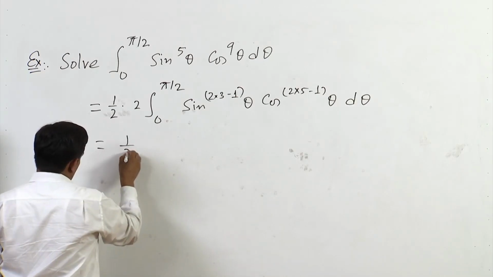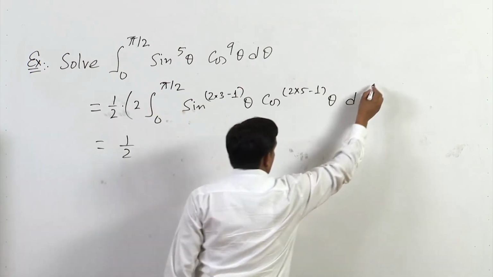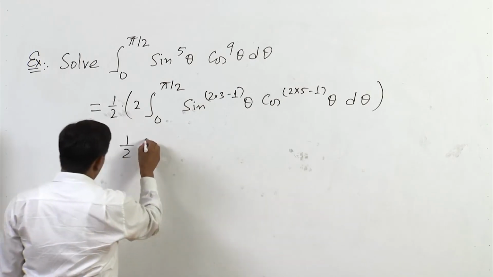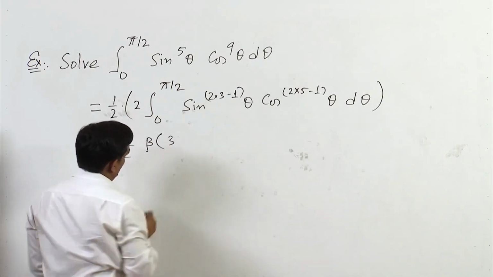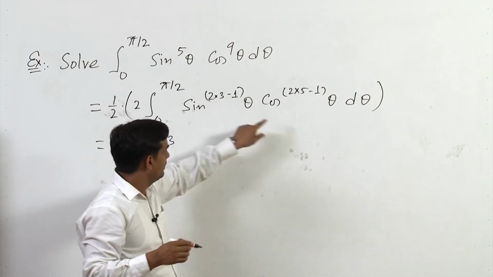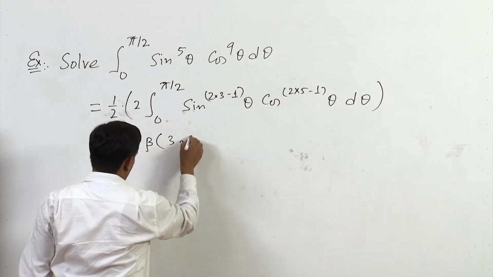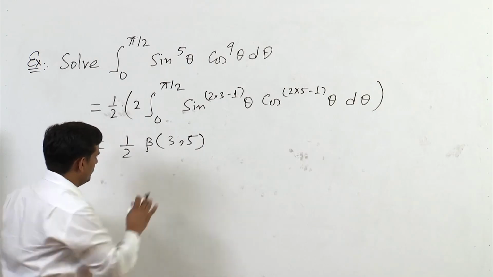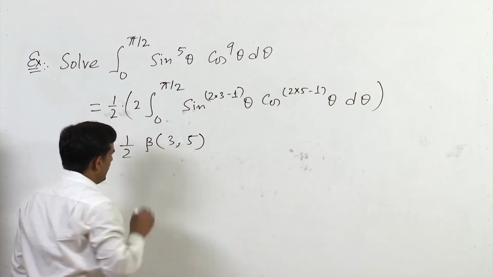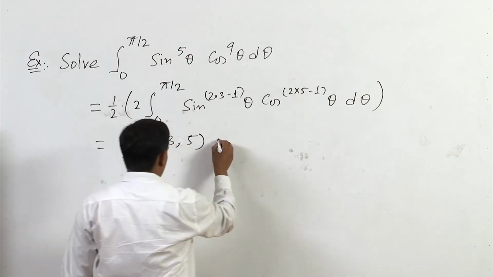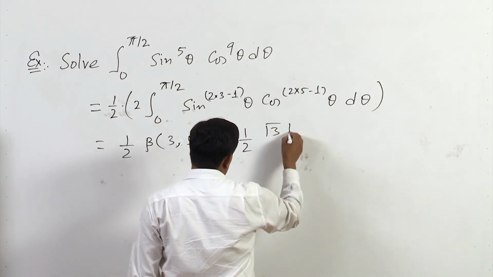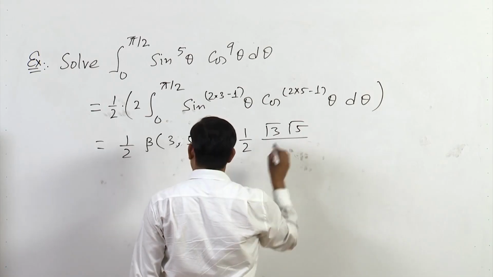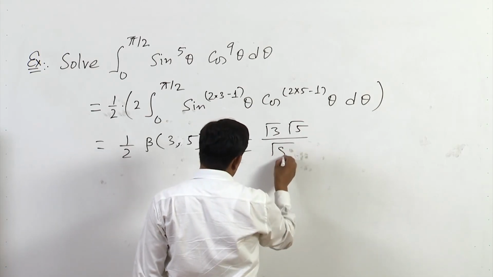So, this becomes 1 by 2 and this thing becomes beta of 3, 5, because 2x minus 1 and 2y minus 1 means 5. So, 1 by 2 beta of (3, 5), which is 1 by 2 gamma 3 gamma 5 upon gamma 8.